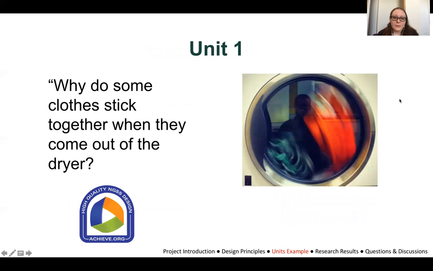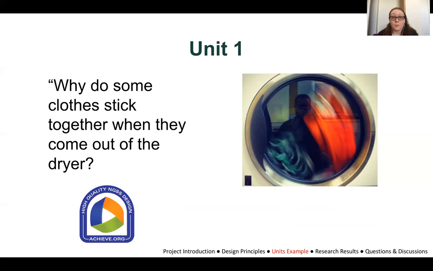Okay, so for an example unit, I wanted to just walk a little bit through our Unit 1, which is: why do some clothes stick together when they come out of the dryer? This was our first unit, and it had been tested in classrooms for 4 years and revised based on feedback from teachers and on what we were seeing in students' assessment items.